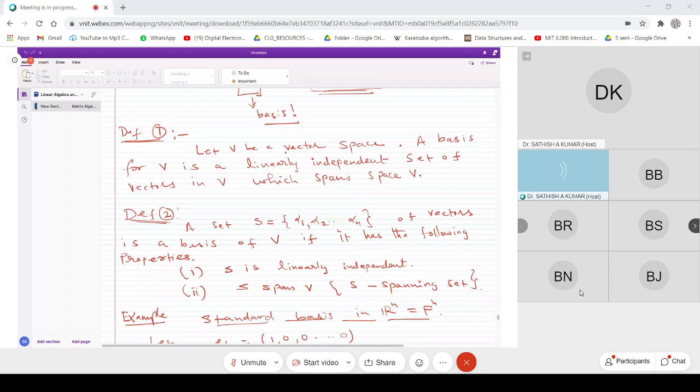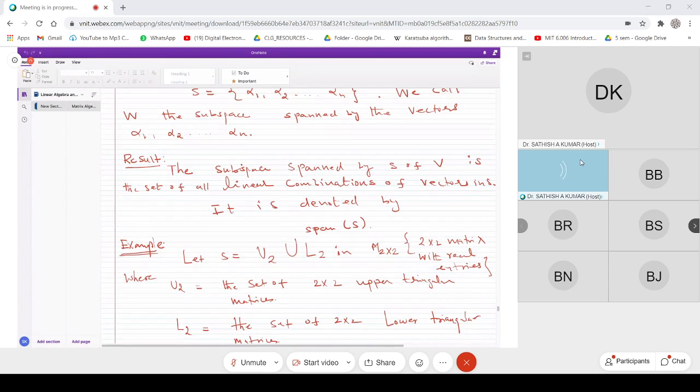Suppose I want to say that W is a subspace which is spanned by a set S. That means the set of all possible linear combinations of the vectors in S. That is what we had seen earlier.